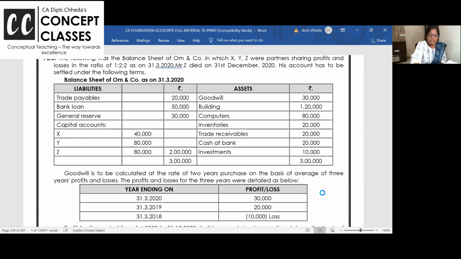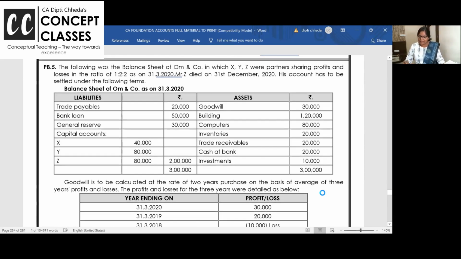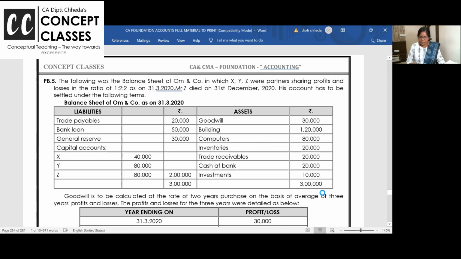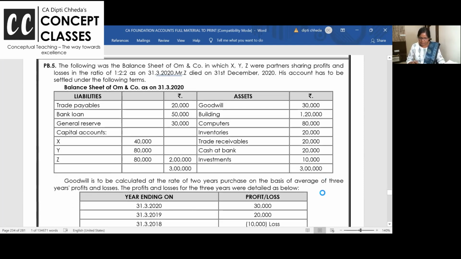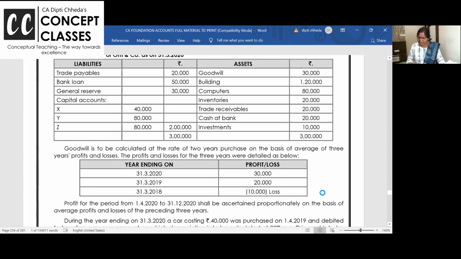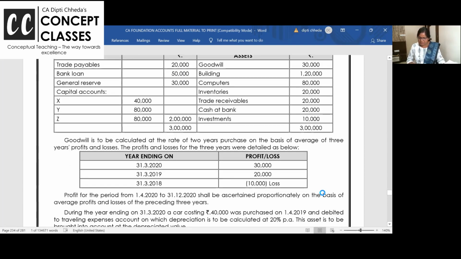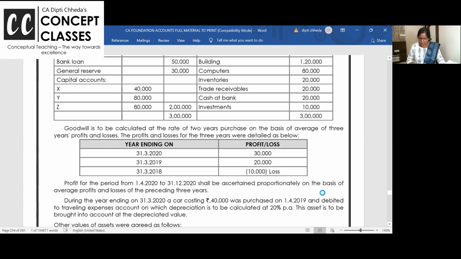If everything is asked together, how are you going to do it? Let us begin. Following is the balance sheet of X, Y and Z, and they were partners, and Z died, the last partner. His account has to be settled. Goodwill is to be calculated at 2 years purchase on the basis of 3 years profit.